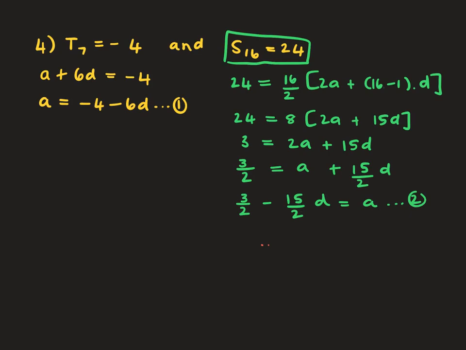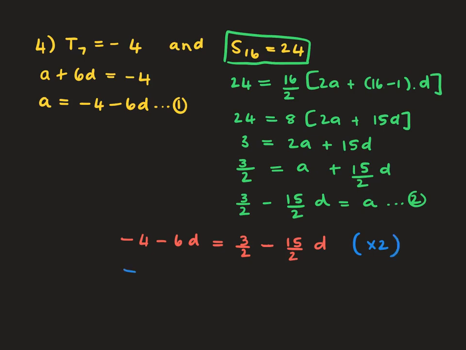All right, so we're going to let these two equations equate. We're going to let them equal each other. So negative 4 minus 6d is equal to 3 over 2 minus 15 over 2 d. Okay, so to get rid of these 2's in the denominator, I'm going to multiply every term by 2. So then I'm not going to work with fractions anymore.